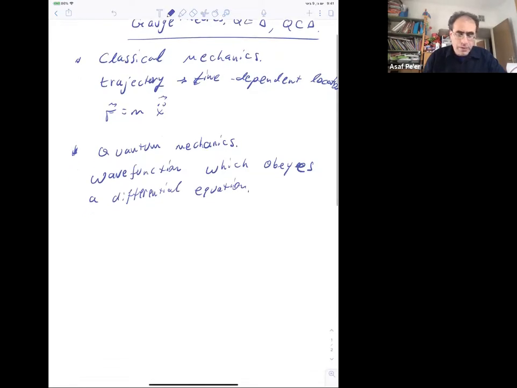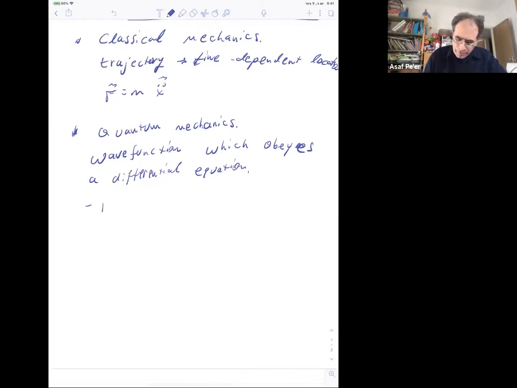Now, in the framework of quantum mechanics, the probability of finding a particle somewhere is always unity, equal to 1.